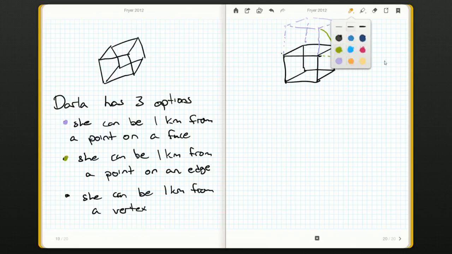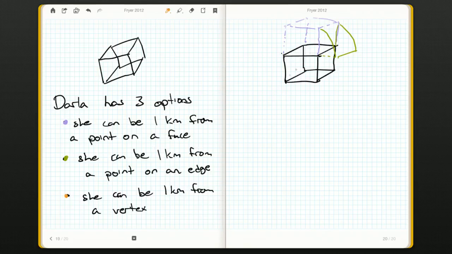And the last one, which we'll do with orange, I guess, she can be 1 kilometer from a vertex. So what is that going to look like? Well, we'll jut out, and we get sort of a weird eighth sphere.